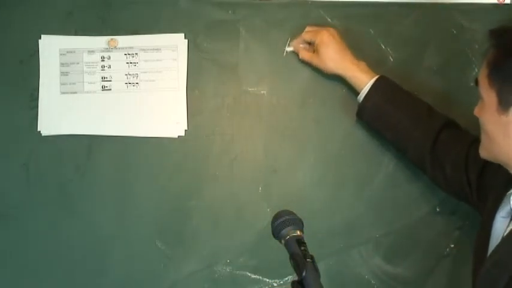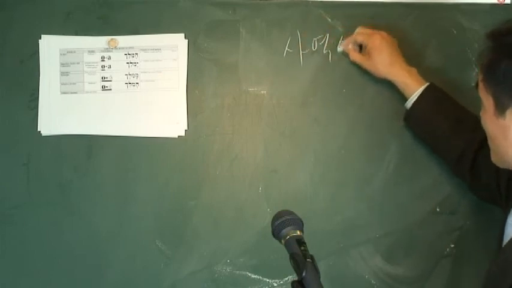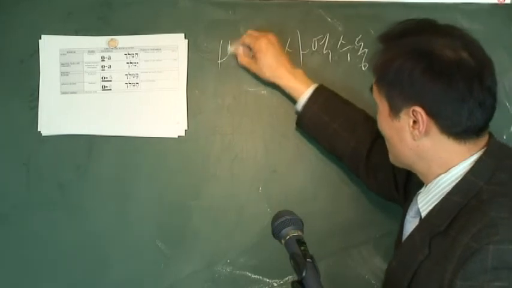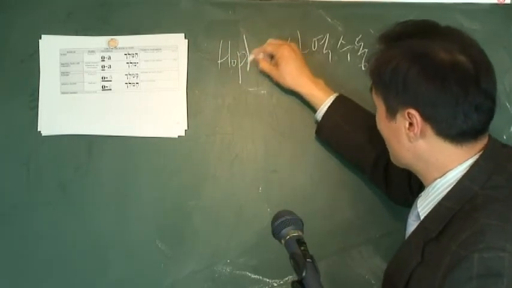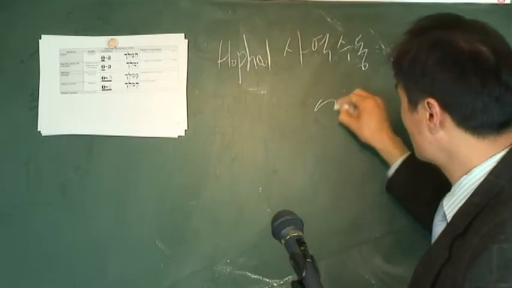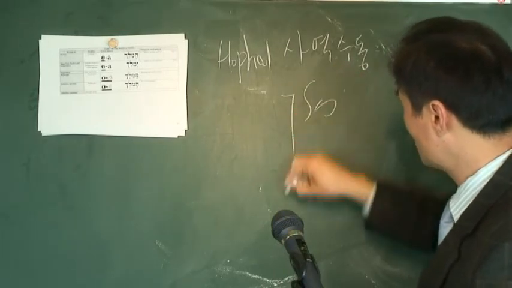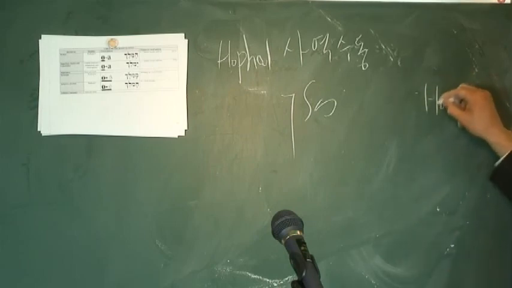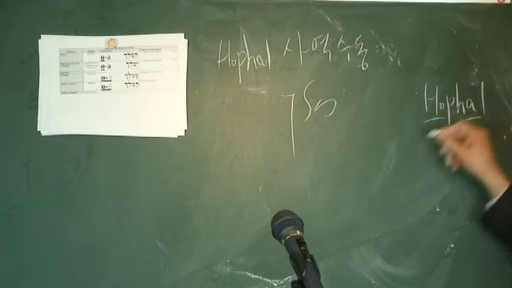Lastly, let's look at the hofal. The hofal is a passive voice of the hifil, and it has a causative passive voice. We will use the verb malak to find the perfect form of the hofal verb.